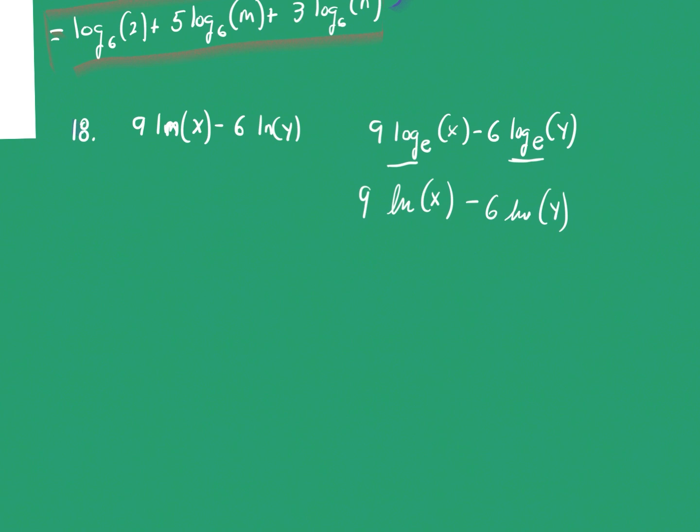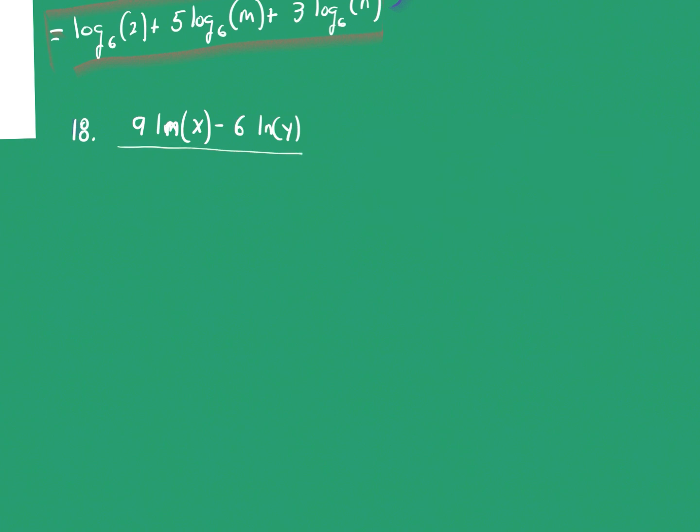Okay, so this is our problem. Let's get rid of this stuff and rewrite that a little nicer. So we have 9 ln of x here. Okay, and we want to write this as a single logarithm.